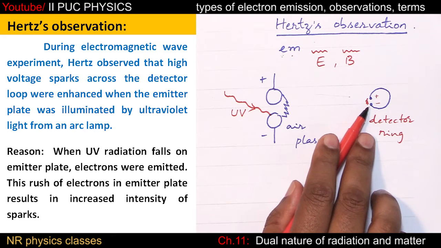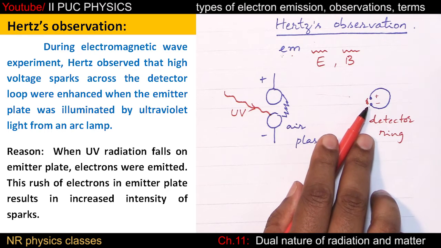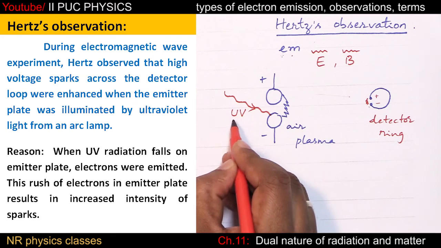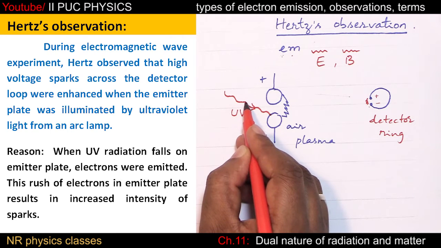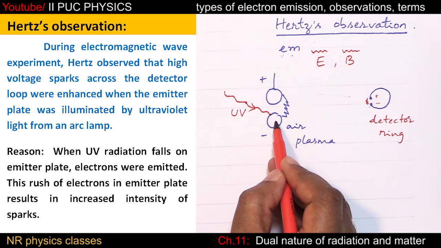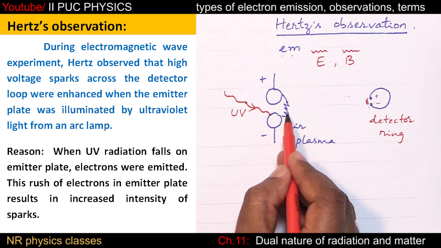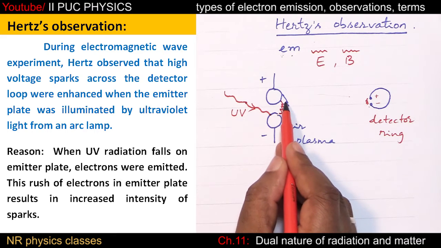Students, since you know some of the concepts of the photoelectric effect, which you studied in 11th standard, ultraviolet radiation is high energy compared to visible, and these photons are sufficient to remove electrons. If electrons are removed, along with the earlier jumping electrons, a few more electrons could jump.